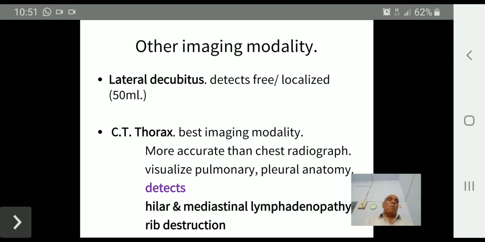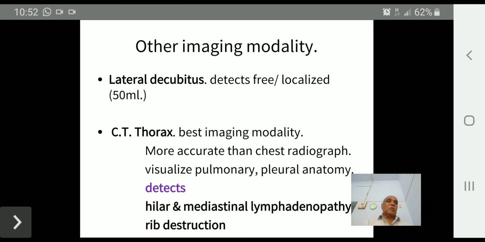X-ray is the most common radio imaging to diagnose pleural effusion. The other radio imaging modalities are one, CT thorax, and second, USG chest. We should take the X-ray in the lateral decubitus.